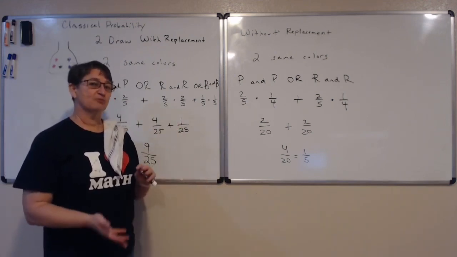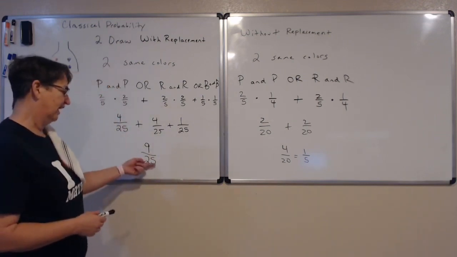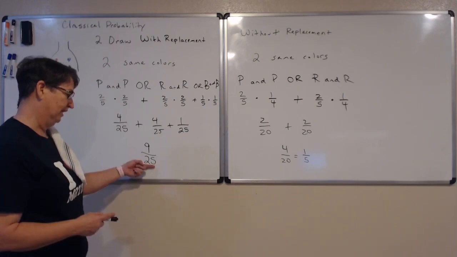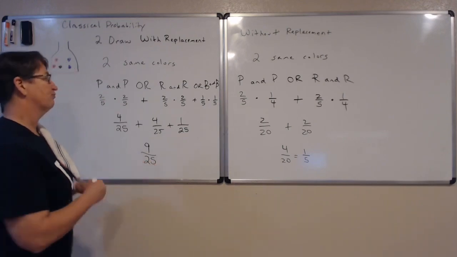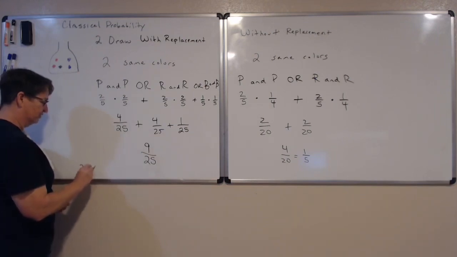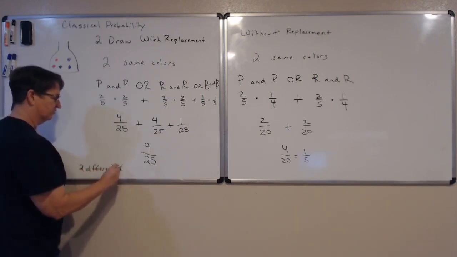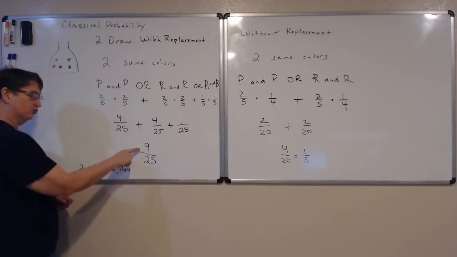So those make up the full set. So I can just take this and say, hey, look, this is the complement of 2 different colors. So to do 2 different colors, I can use this.